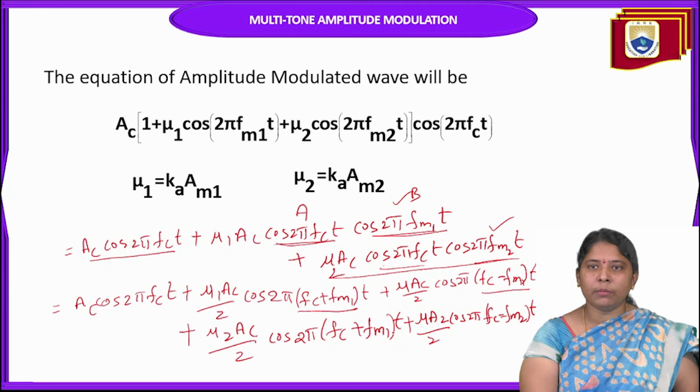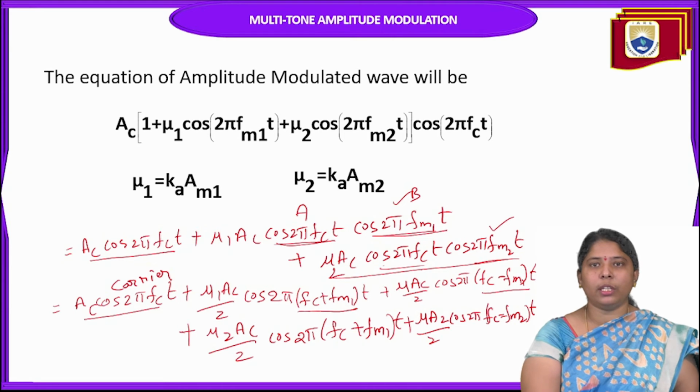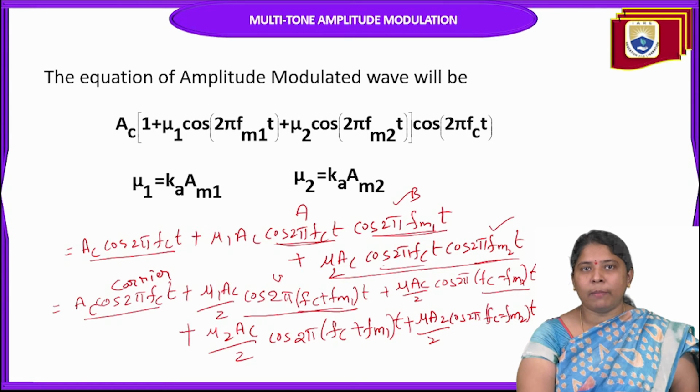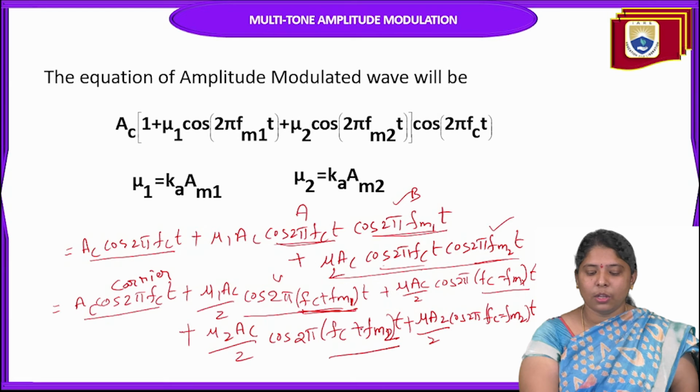So these are the terms appearing in the multitone AM wave. Ac cos 2π fc t is the carrier term. Then we have two upper sideband terms, upper sideband meaning more than the carrier frequency: fc + fm1 and fc + fm2. So these are upper sideband 1 and upper sideband 2.